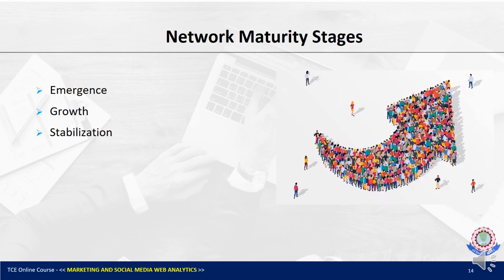Network maturity stages: networks typically pass through emergence, where small clusters form; growth, with rapid expansion of nodes and edges; stabilization, where networks become structured; and maturity, where hubs and communities stabilize. Understanding these stages helps predict further trends.